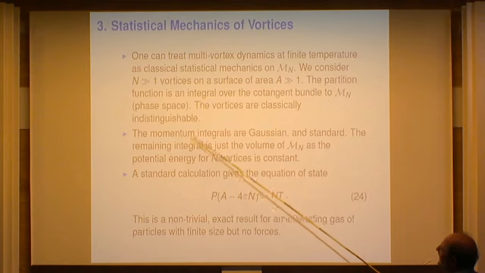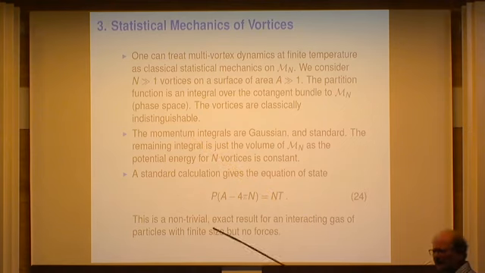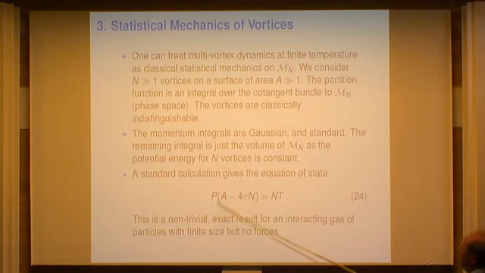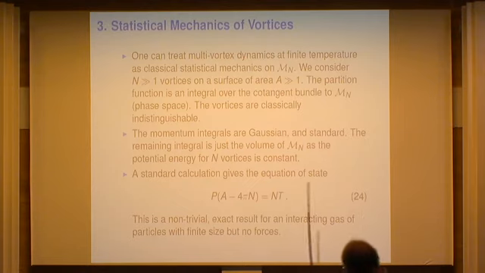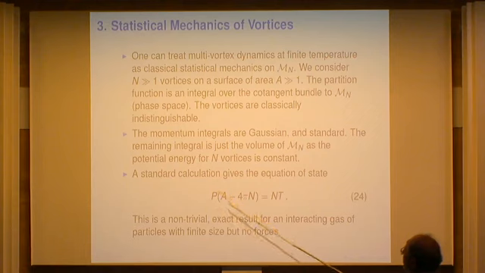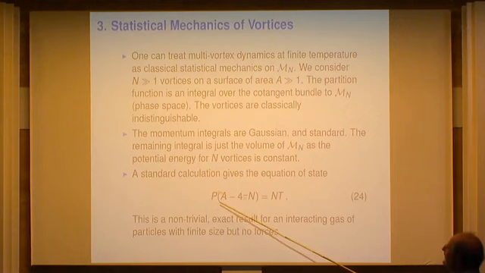And then, having got the partition function, you have to differentiate with respect to the area to get the pressure. And that gives this equation of state. And it turns out this is true for vortices on any surface. The genus drops out in this formula. Statistical mechanics doesn't notice the genus, at least classically. And notice this is not the ordinary ideal gas.